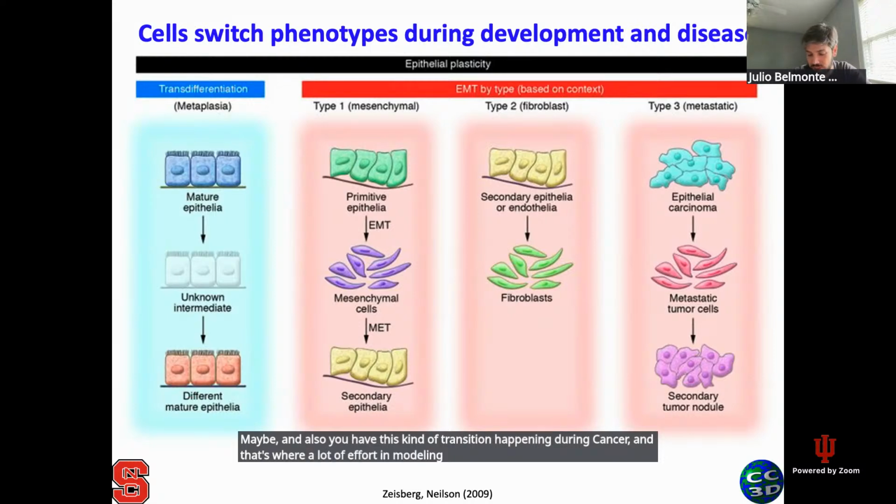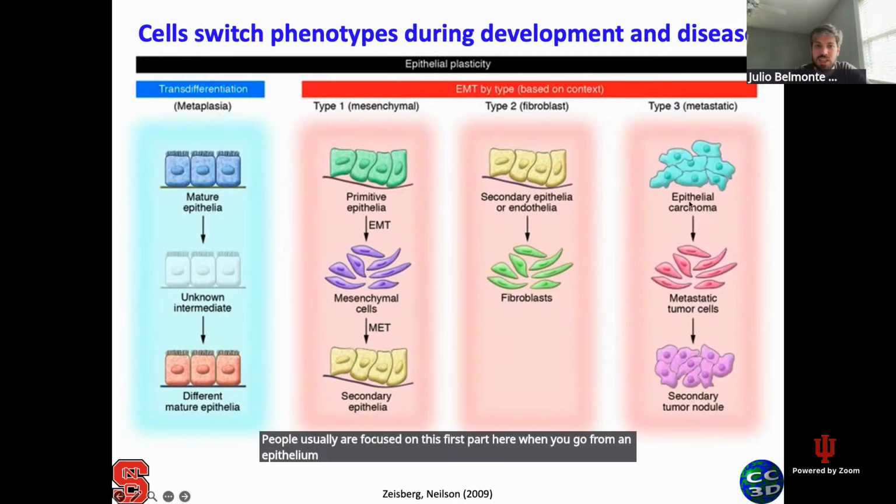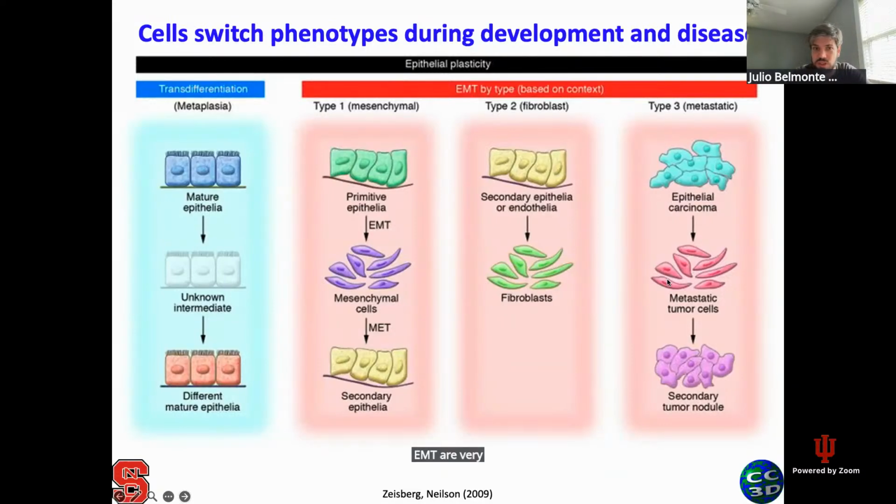and that's where a lot of effort in modeling has gone, to understand when you have this epithelial mesenchymal transition. People are usually focused on this first part, when you go from an epithelium that is sick and that induces metastatic cells. So EMT is a very high topic of research.